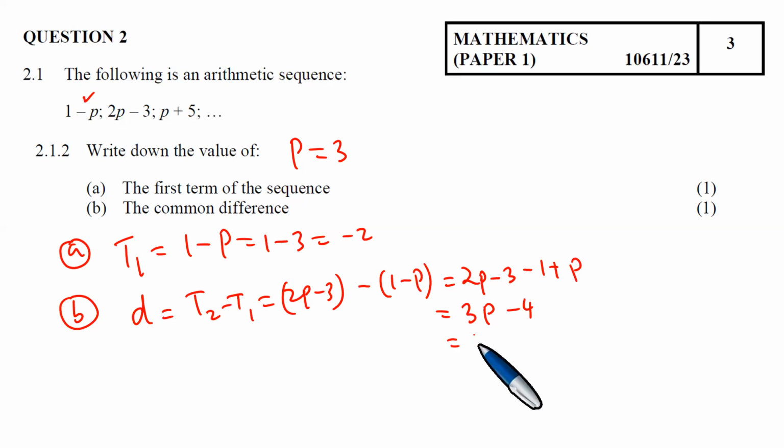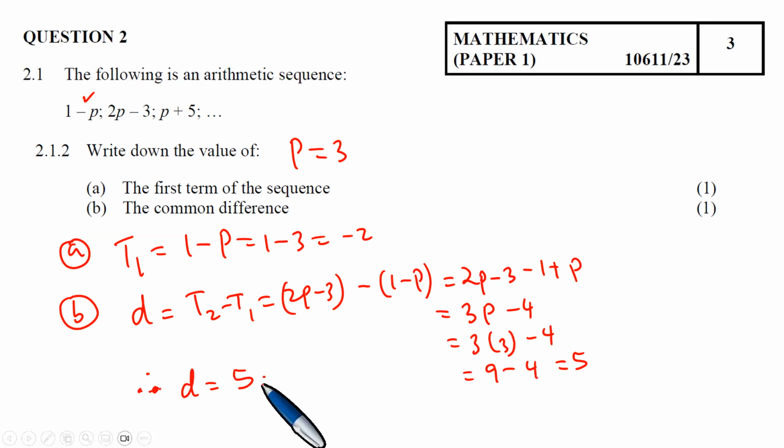It is 3 into p, p is 3 here, minus 4, which is 9 minus 4, and that is equal to 5. Therefore, the common difference is the positive number 5. We are done with this question, and we proceed to the next one.